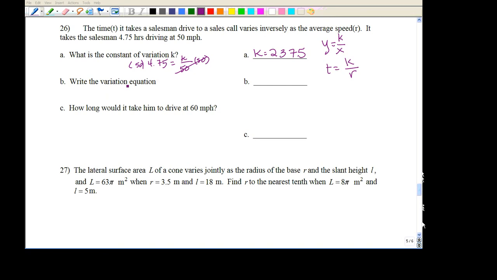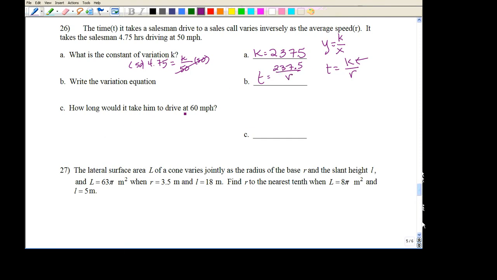So then to write the variation equation, that just means you're going to fill in this k value, but you're going to leave the t and the r there. So we'll have t equals, now we know that k is 237.5 over r. So we just fill in the value for k.